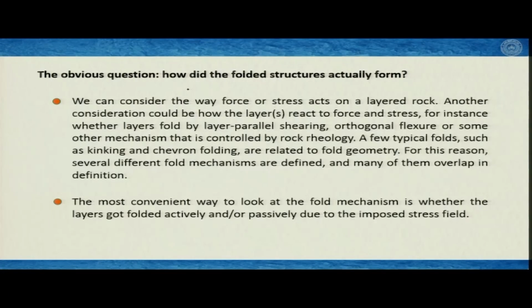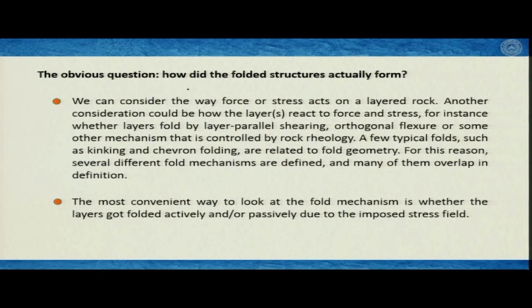One way is that you can consider the way force or stress acts on the layered rock. Another consideration could be how the different layers react to the force and stress. For instance, whether the layers fold by layer parallel shortening or orthogonal flexure or some other mechanisms which are controlled by rock rheology and so on.